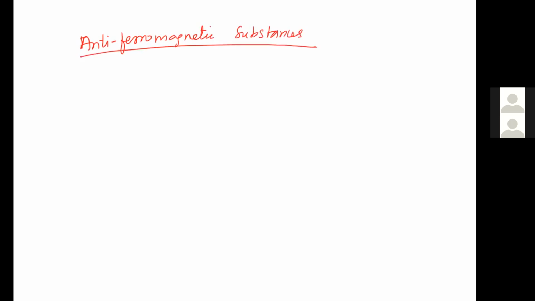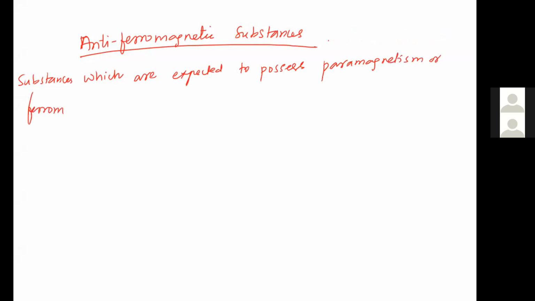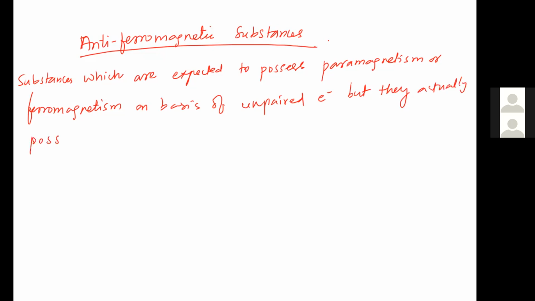So antiferromagnetic substances are substances which are expected to possess paramagnetism or ferromagnetism on the basis of the unpaired electrons concept, but they actually possess zero net magnetic moment.